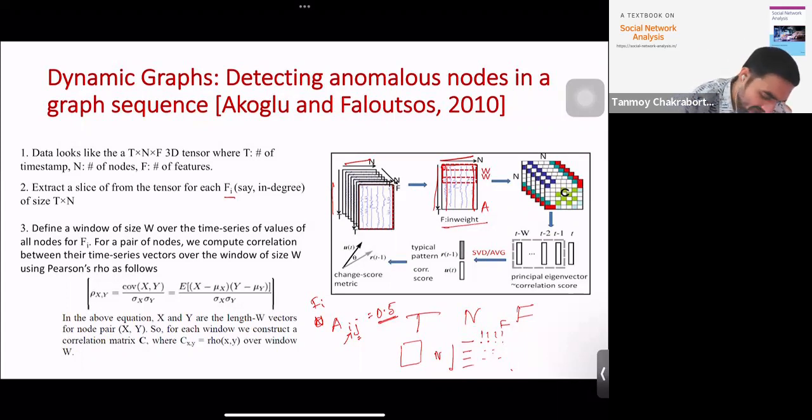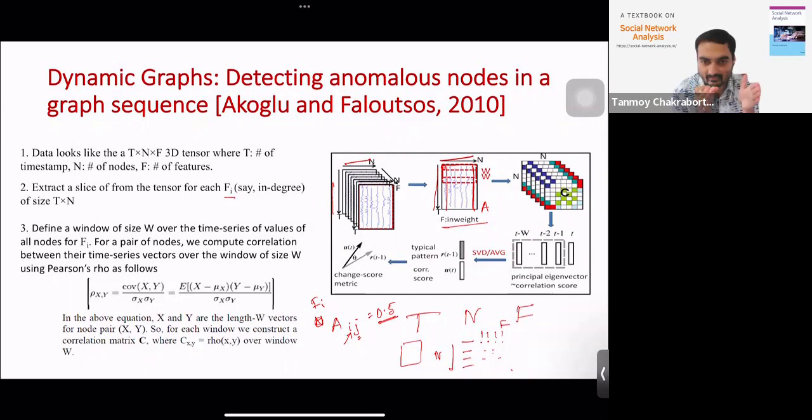Now what do we do? We can't analyze these T timestamps together, because T can be very large, say 1000 or 2000. What we are interested in is looking at a local temporal interval, say between 0 to 5, then between 1 to 6, then between 2 to 7, then between 3 to 8, and so on.